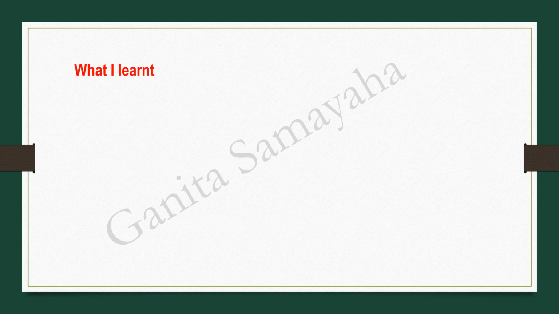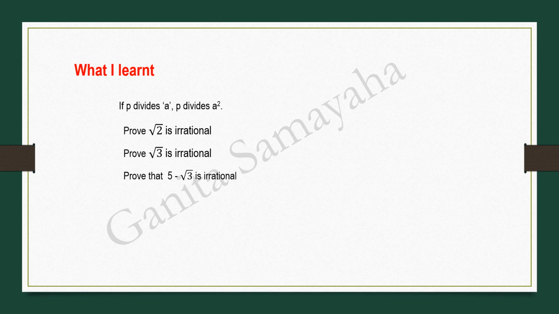So what have we learned in today's video? We have understood that if p divides a, then p divides a squared, or if p divides a squared, then p divides a. So we have used this concept to prove that root 2 is irrational, root 3 is irrational, 5 minus root 3 is irrational, and 3 into root 2 is irrational.